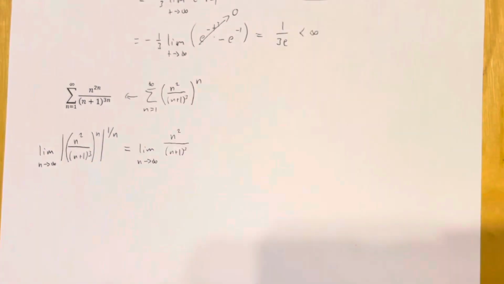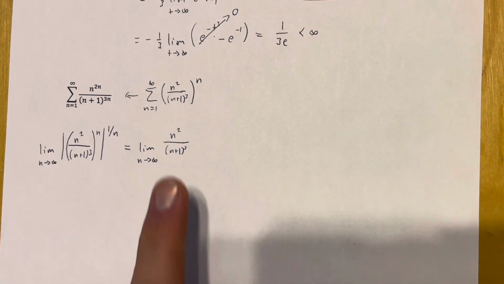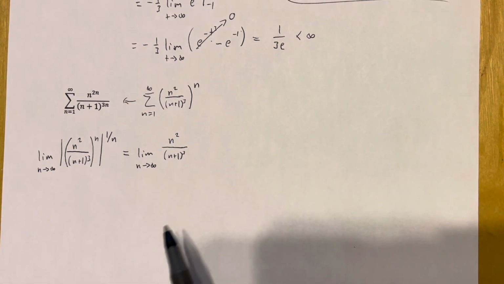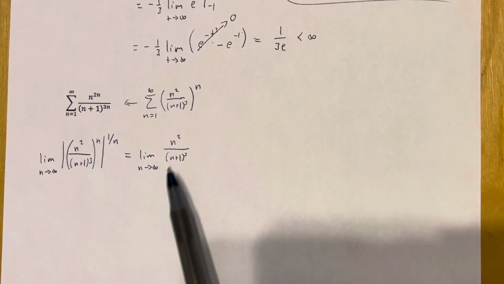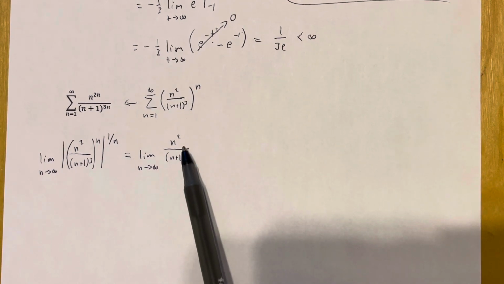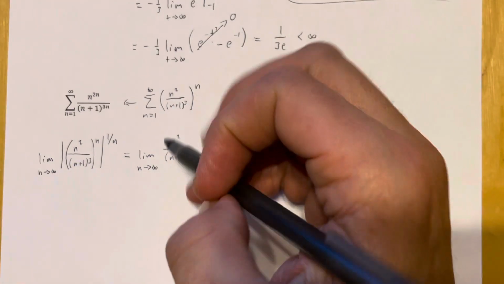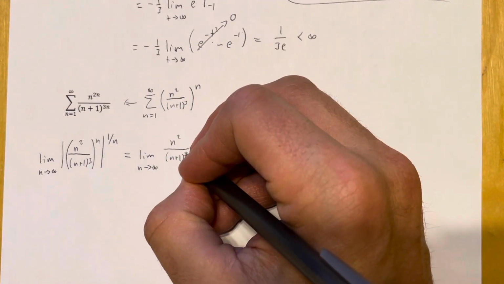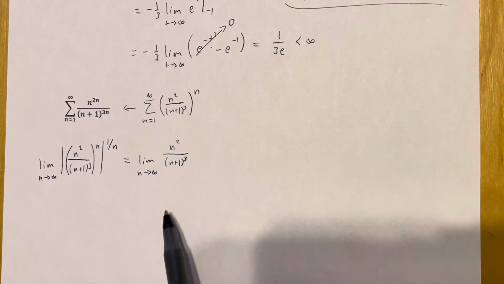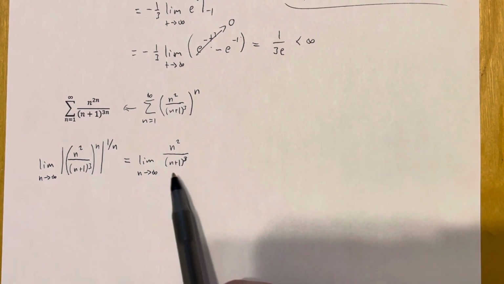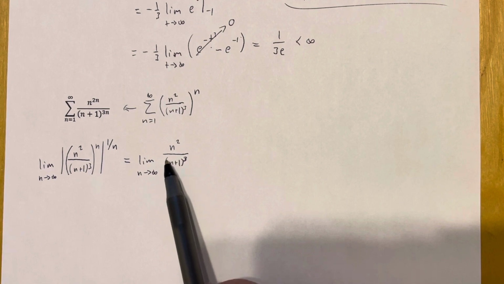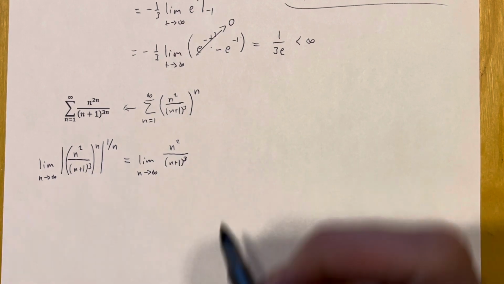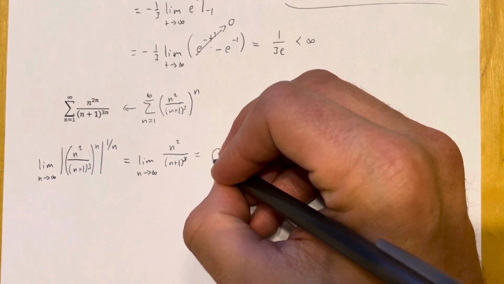So now looking at this, what can I say about this limit? Well, once again, we have a rational expression where I have a polynomial in my numerator and a polynomial in my denominator, only this time the degrees don't agree. I have a second degree polynomial up here, and if I were to expand n plus 1 cubed out, I would see that I get a cubic polynomial. Because my polynomial in my denominator has a higher degree than the one in my numerator, this will actually go to 0.